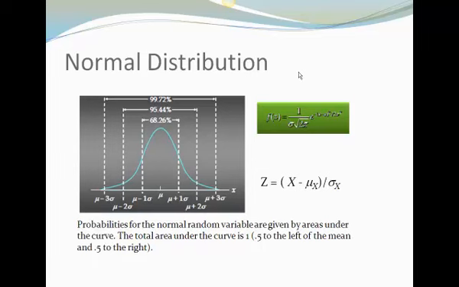p-value told us. So the p-value is the probability of the data being at least as extreme as observed if H0 is true, and that the probability of the variable is between 0 and z, and then we know the total area under the curve has to add up to 1, with 0.5 being to the left of the mean, or so 50% to the left of the mean, 50% to the right of the mean.